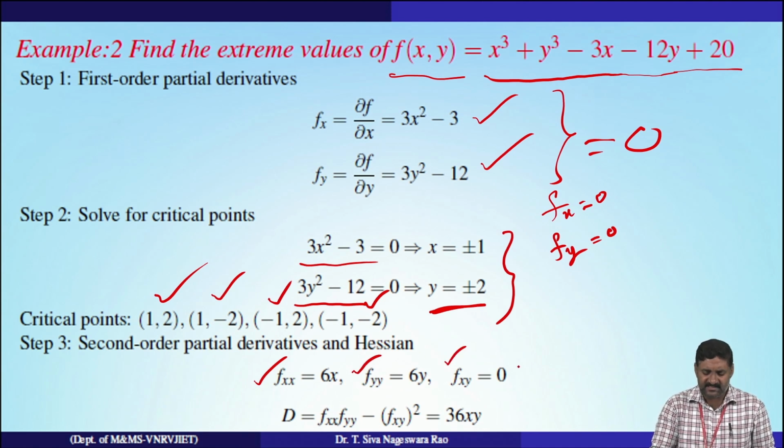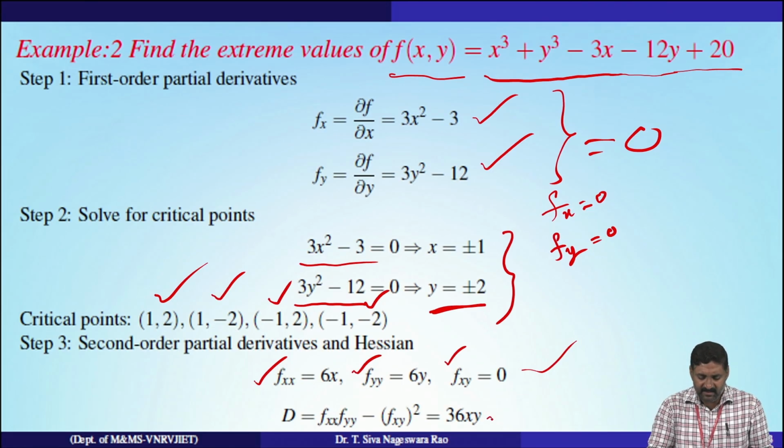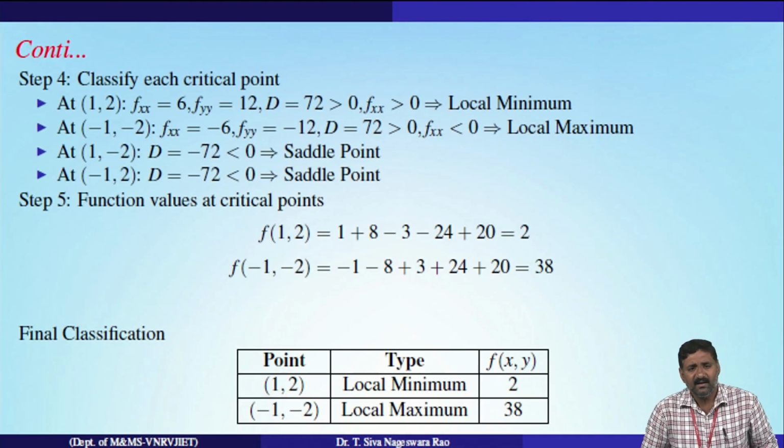Immediately calculate D value. What is D value? fxx multiplied by fyy minus fxy whole square is equal to 36xy. Now at each and every point we will see what will happen.